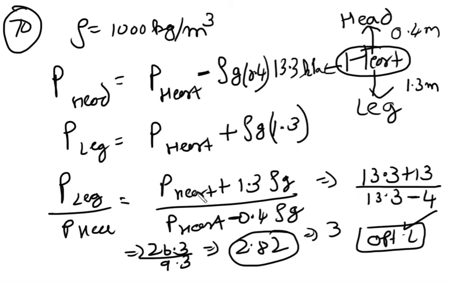Since the pressure of the heart is given in kPa, I take the 1000 as common. So it is 26.3 by 9.3, which is 2.82. The very close answer is 3. Hence option C, the ratio of blood pressure in the foot to blood pressure in the head is 3. So option C is the right choice.